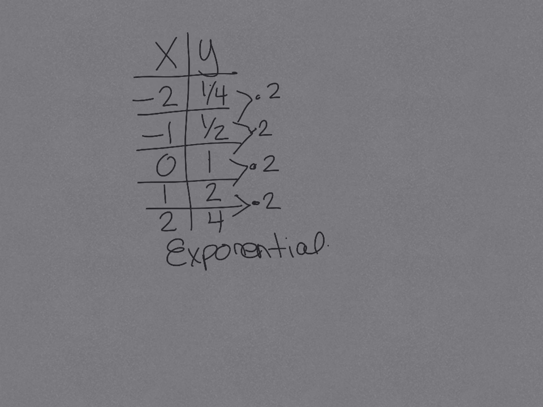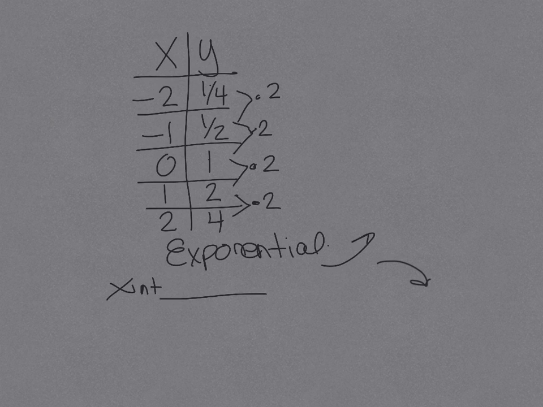Okay, so exponential, it's either going to be going up or it's going to be going down. Right now we don't know which one. We could possibly have an x-intercept or not. All right, so we're just going to have to look.